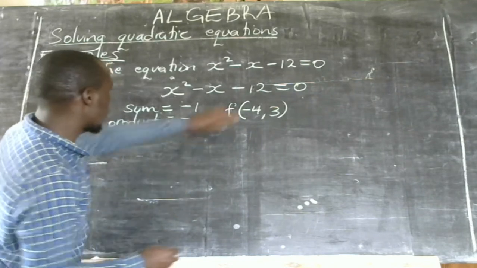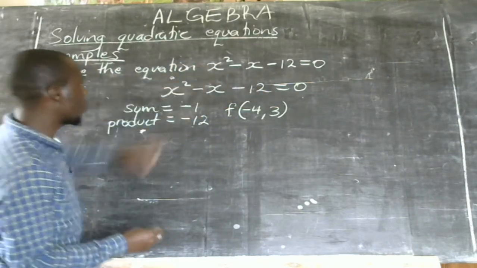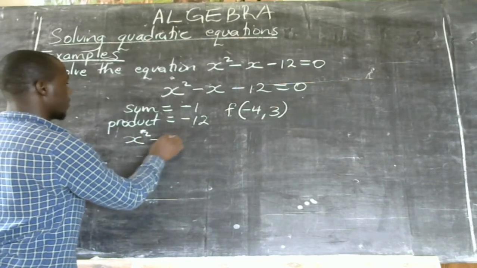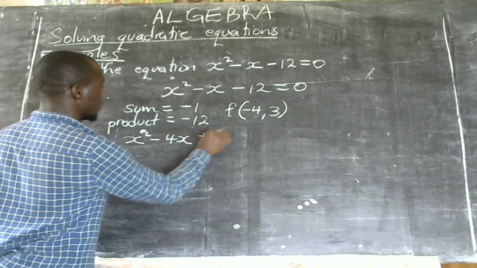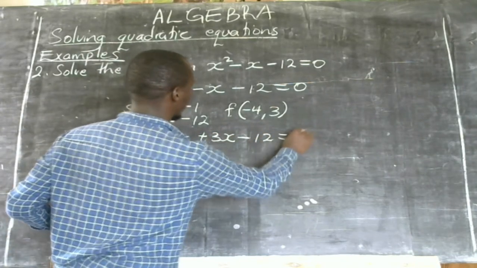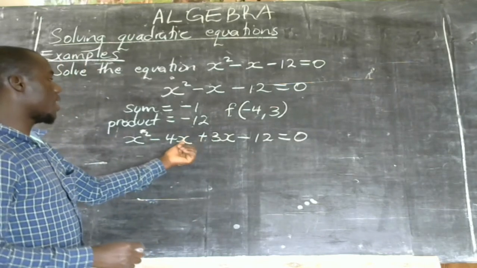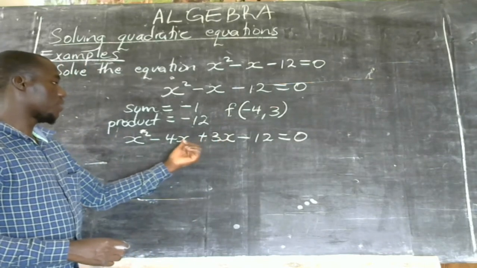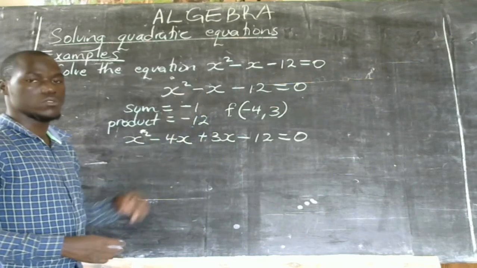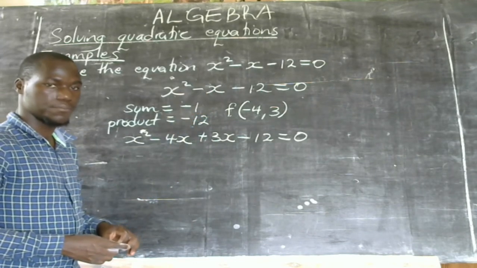So I pick them and substitute them where the sum has been. So this is x squared minus 4x, then plus 3x minus 12 is equal to 0. When I substitute them, I attach the value of x there, because it was also attached to the sum.